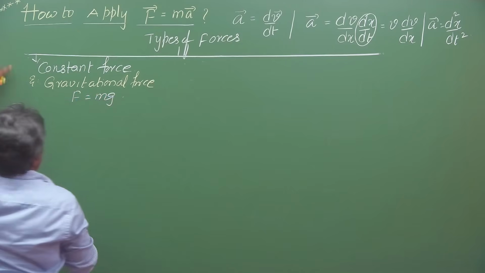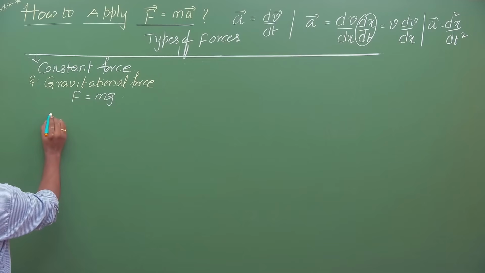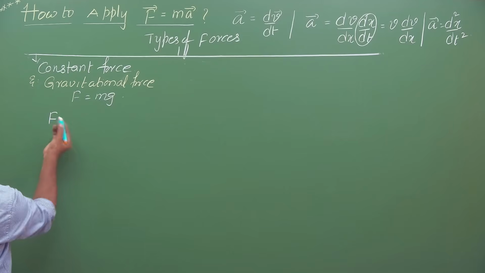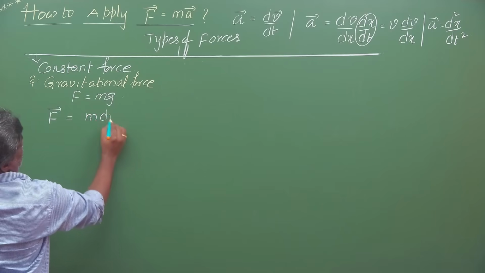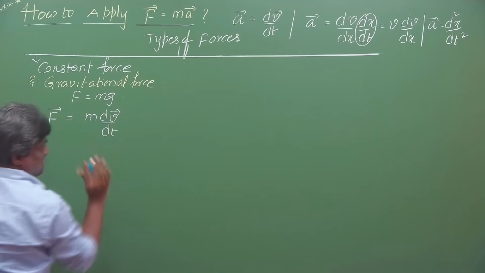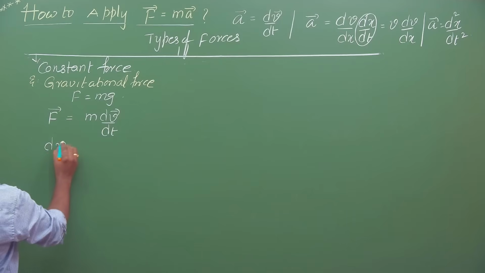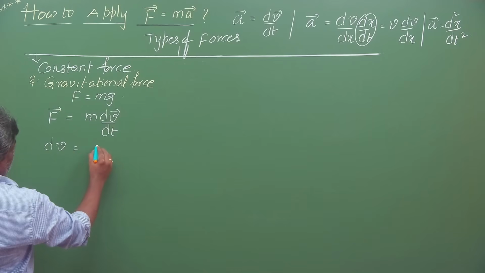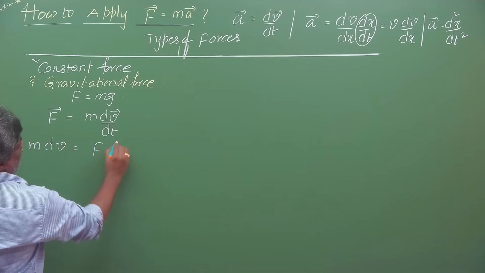Now you are having a constant force. Okay, fine. So how to handle this? Very simple. Whenever you have a constant force, this is the method. Take F bar equal to m dV by dt. Now just cross multiply: m dV equal to F dt.